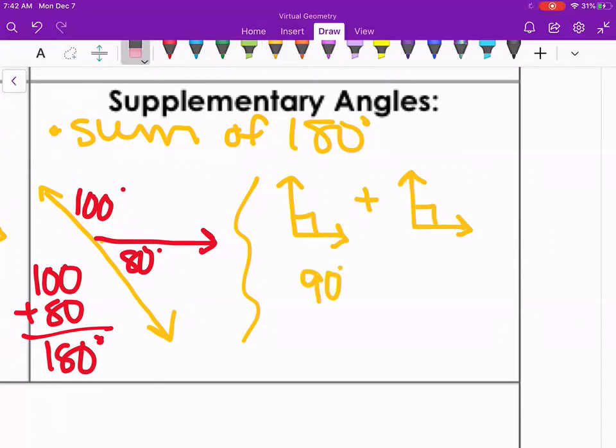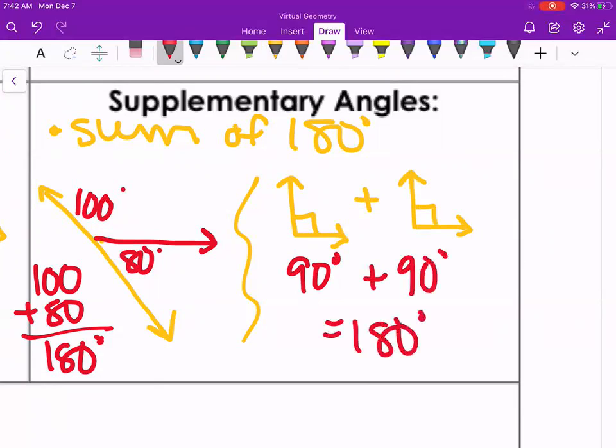So 90 degrees, oops, sorry, wrong color. 90 degrees plus 90 degrees, 180 degrees. Now keep in mind with complementary and supplementary, the two numbers do not have to be the same when you are adding them together. Just remember that. This is just an example.